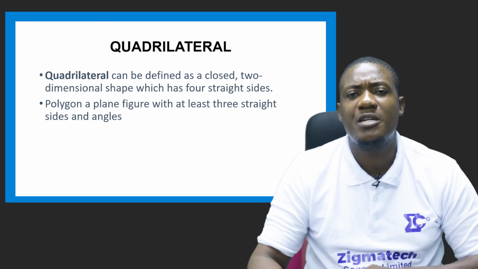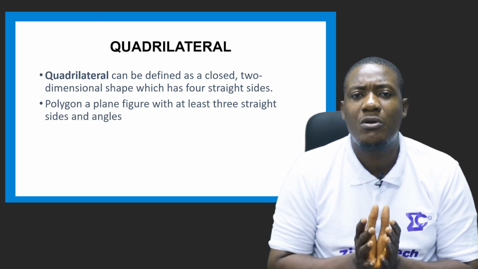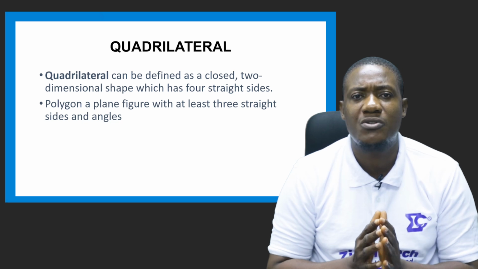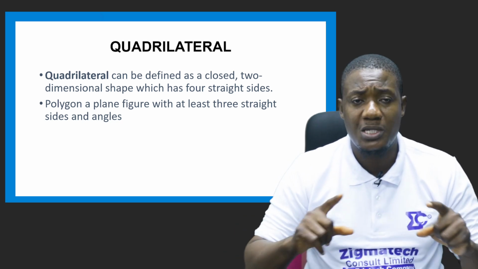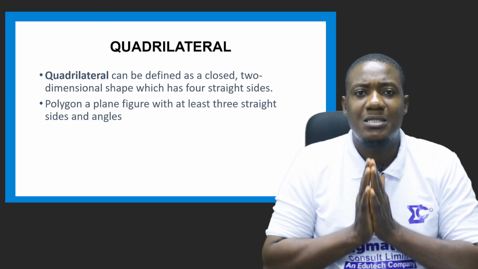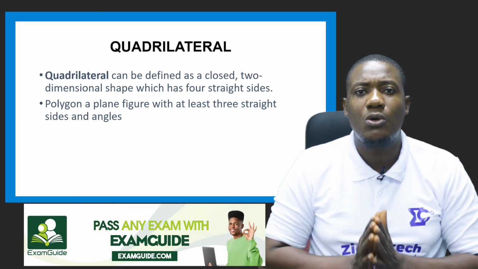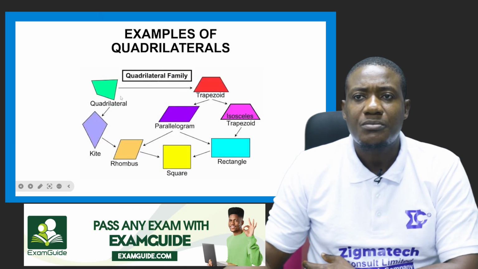So any shape that is bounded by 4 straight line segments is a quadrilateral. So any shape you see that has 4 sides, that shape is called a quadrilateral. I need you to take note of that.